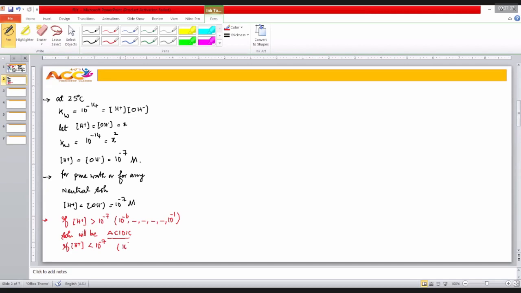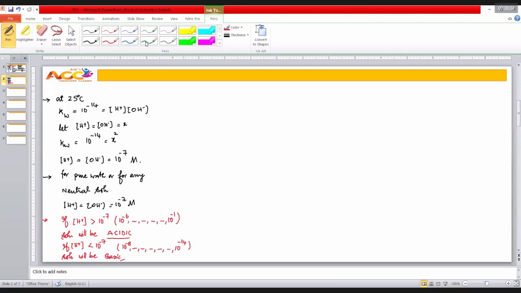If it is 10 power minus 8, minus 9, minus 10, minus 11, minus 12, minus 13, and 10 power minus 14, our limit is up to that at 25 degrees centigrade. If it is so, the solution is supposed to be basic in nature, right?